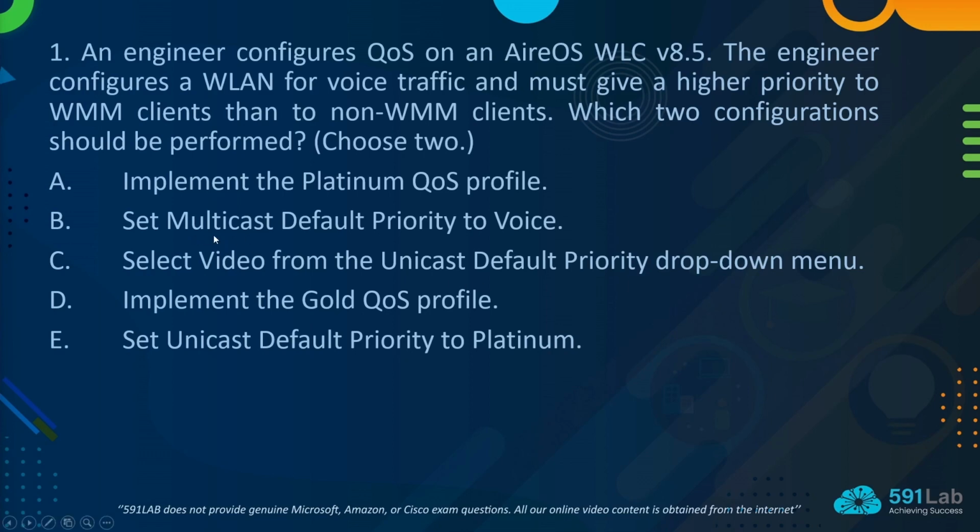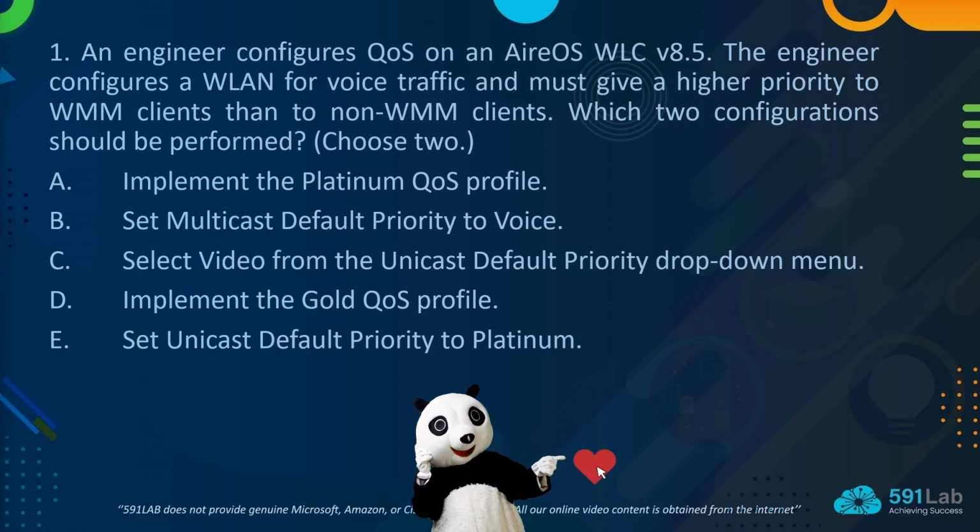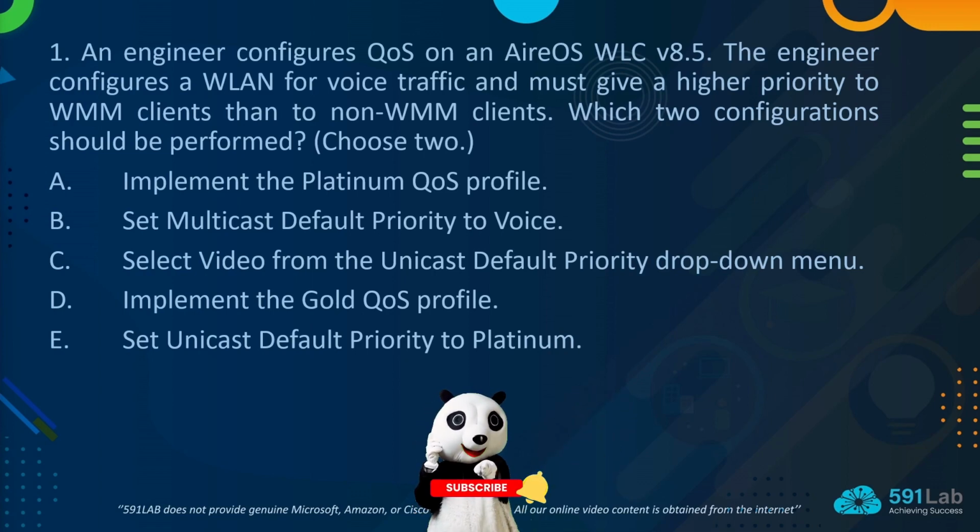But with multicast, if we are going to send the same data or video or a phone call to multiple devices, instead of the client having to send it multiple times and duplicating it to, let's say, 10 clients, it's going to be a lot of overhead on the client and on the network if I duplicate the traffic 10 times.